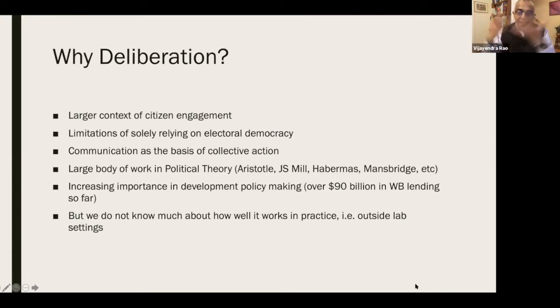And then, of course, currently there's a lot of wonderful political scientists like Jane Mansbridge and others who've been writing about it. In economics, there's been less of a move towards it, but it's slowly coming.